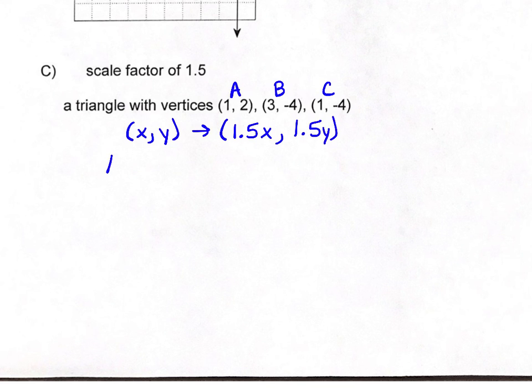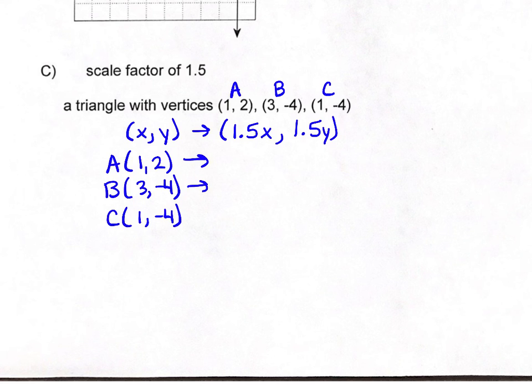And so I'm going to take my ordered pairs, A, which is (1, 2), B, which is (3, -4), and C, which is (1, -4). And I'm going to multiply each coordinate by 1.5. So for A prime, 1.5 times 1 is 1.5. 1.5 times 2 is 3.